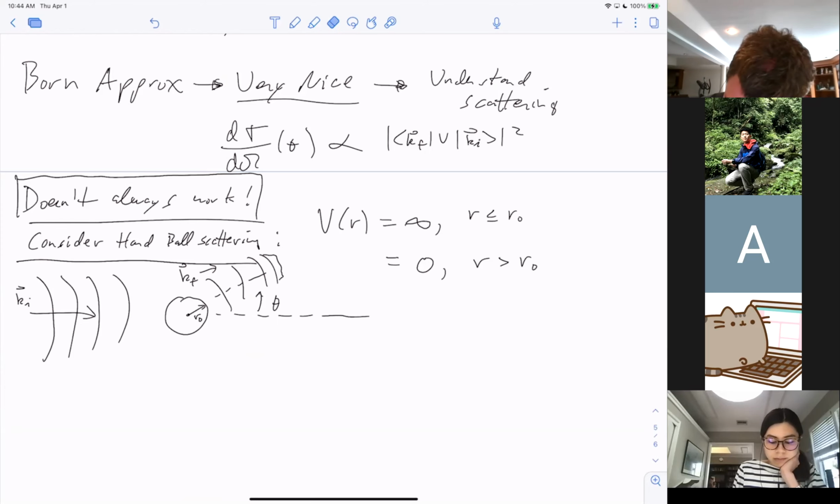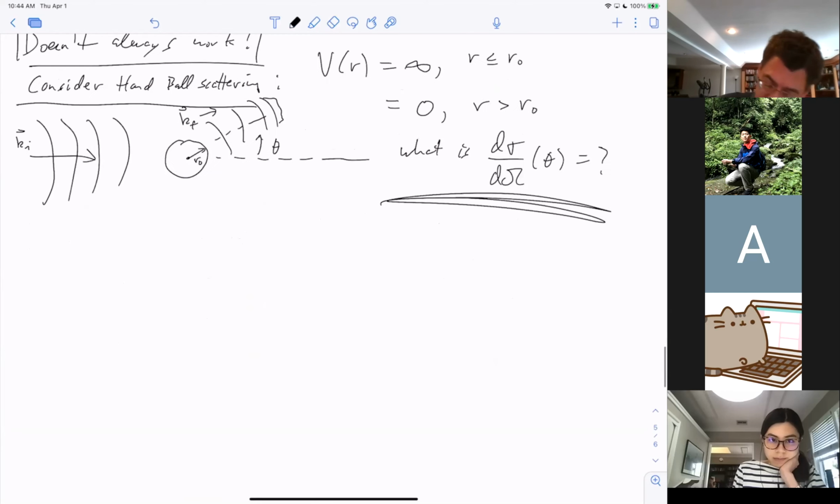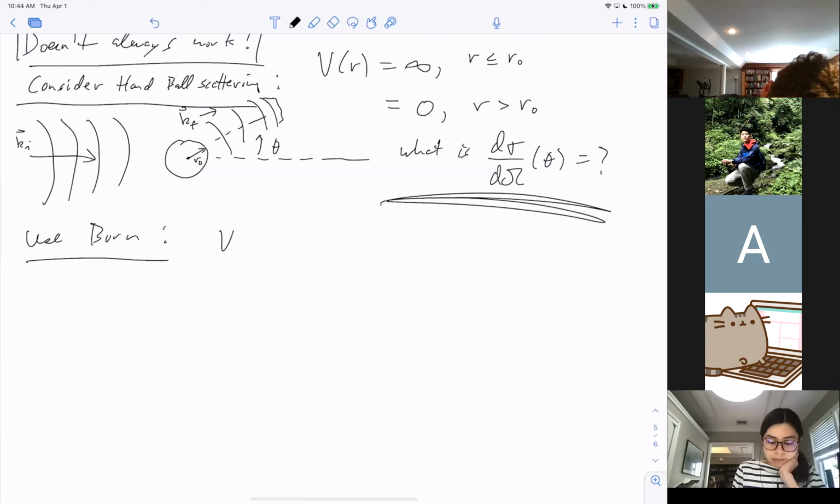So this should be a very simple problem. The question is, what is the scattering? What is the probability that I scatter my particle into some angle theta? So let's try to solve it. The first thing we do is use the Born approximation. We have to calculate this matrix element.